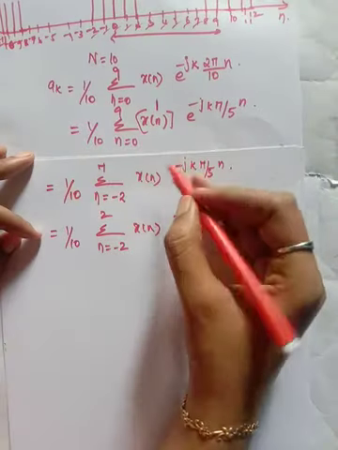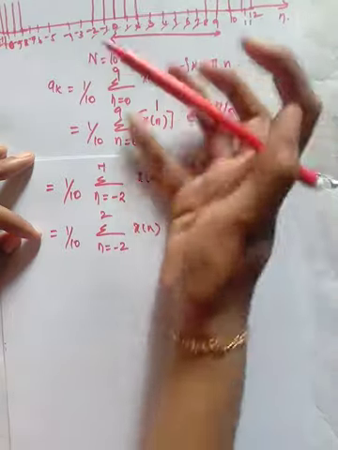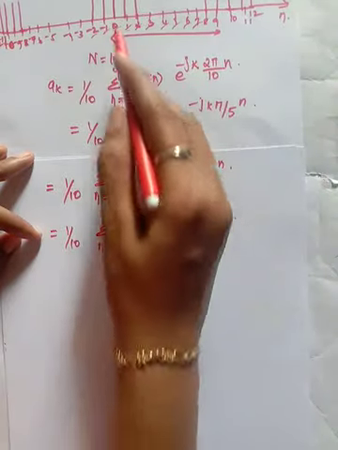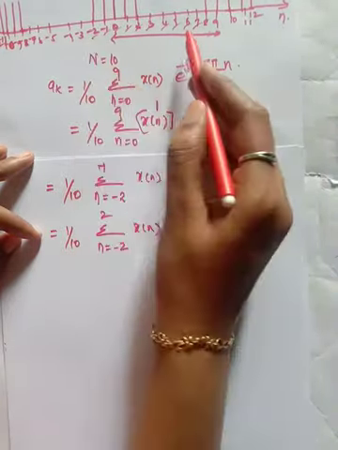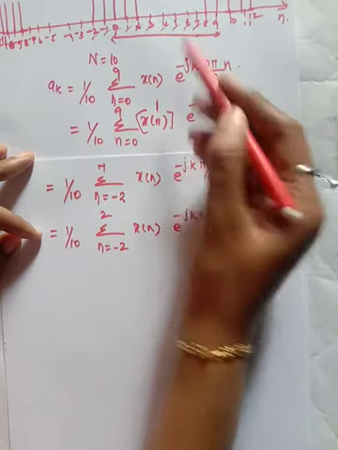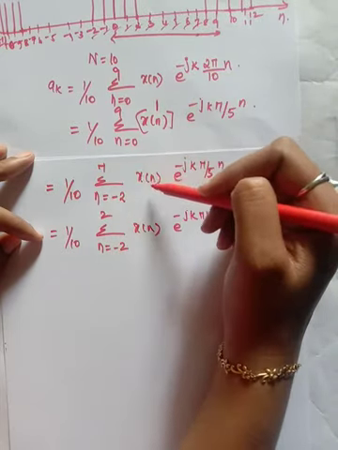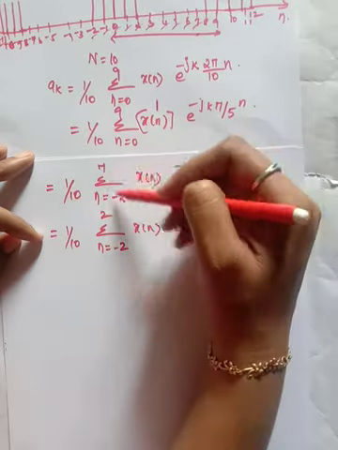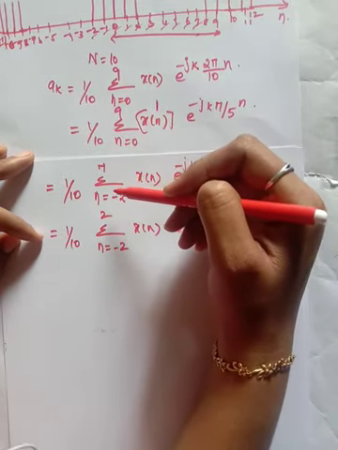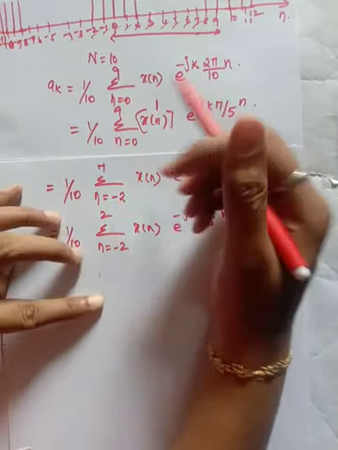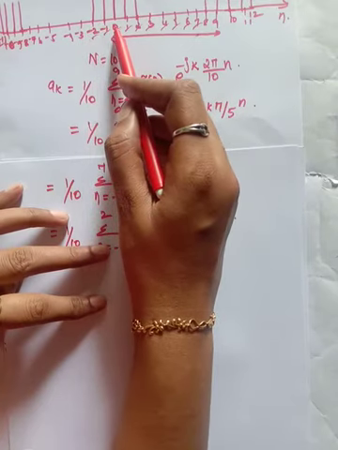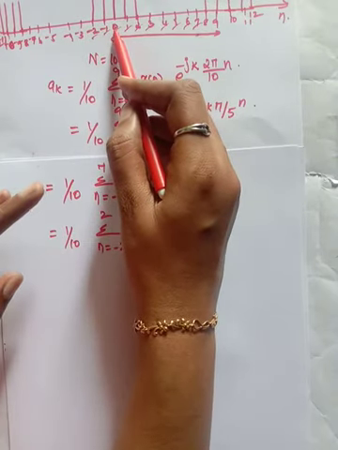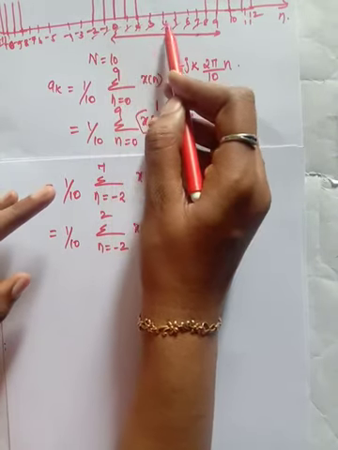Now, I have told that this can be written in this way: n equal to 0 to 9, or -2 to 7 I can write it. So -2 to 7 x of n e power minus j. So see, what is the period here? Here it is 10, right? -2, -1, 0, 1, 2, 3, 4, 5, 6, 7.